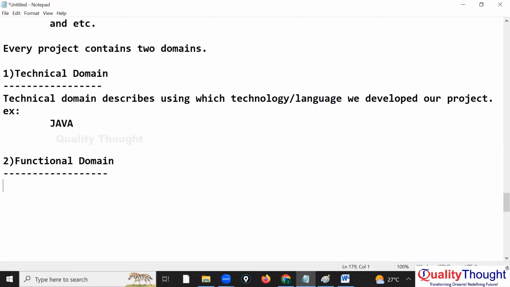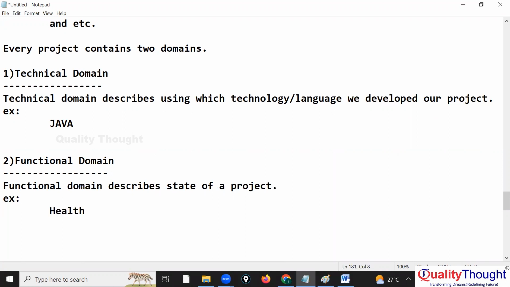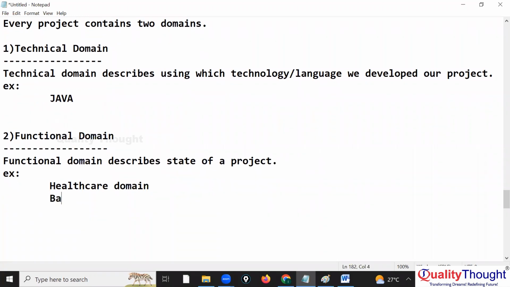Functional domain describes the state of a project. State of a project means, assume that I am developing my project for a hospital. It comes under the healthcare domain. If I am creating my project for bank people, it comes under the banking domain.